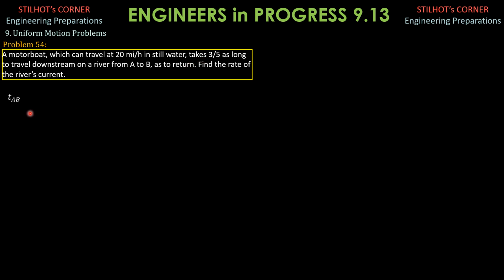So let's set up that the time in traveling from A to B is equal to 3/5 of the travel time in returning from B to A. Then this time is distance over effective speed, and the effective speed is the speed of the motorboat in still water plus the current C for A to B, because that is the downstream direction.